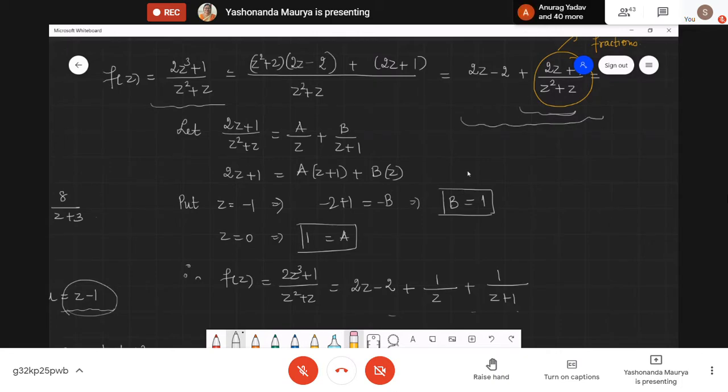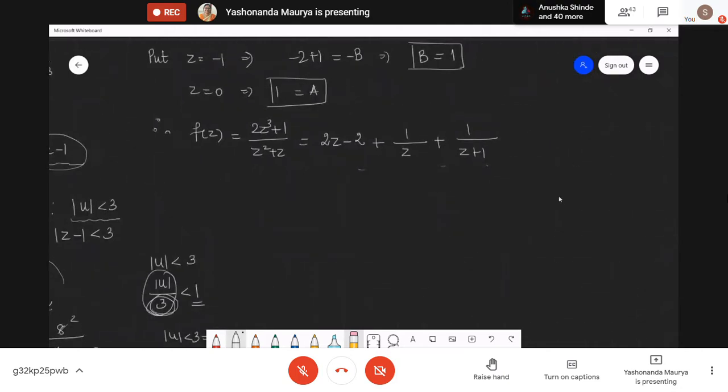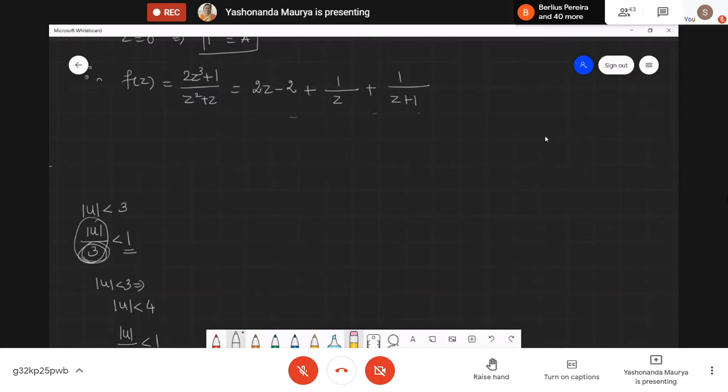Okay, so now having written in this fashion, what do we do over here? We want to expand this function about the point z is equal to i. Okay, so this is the point about which we are going to expand.